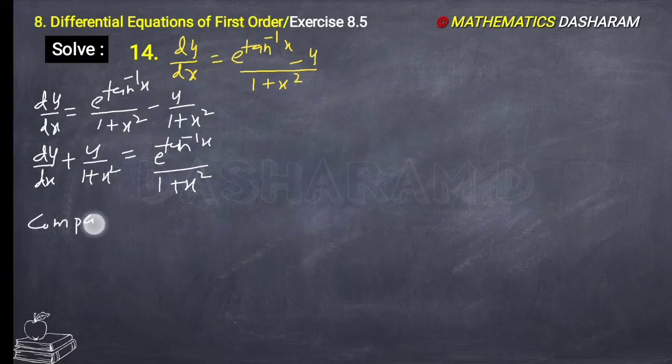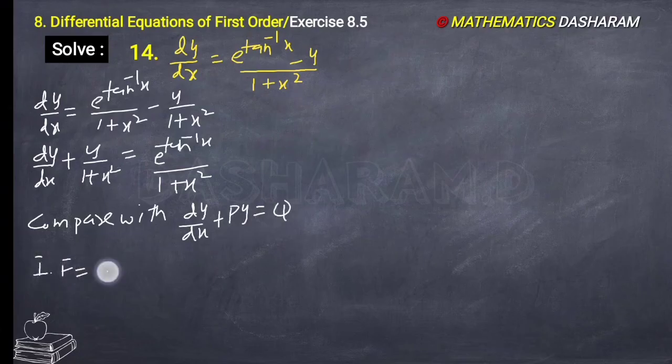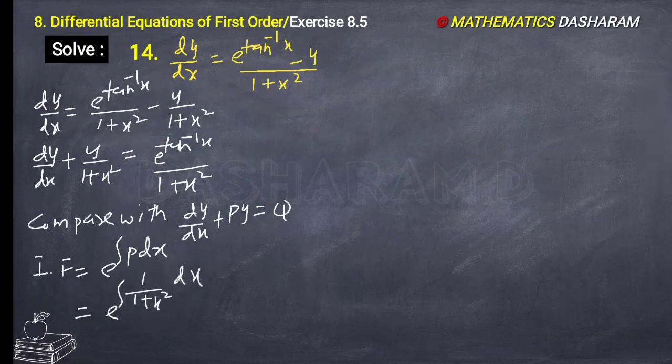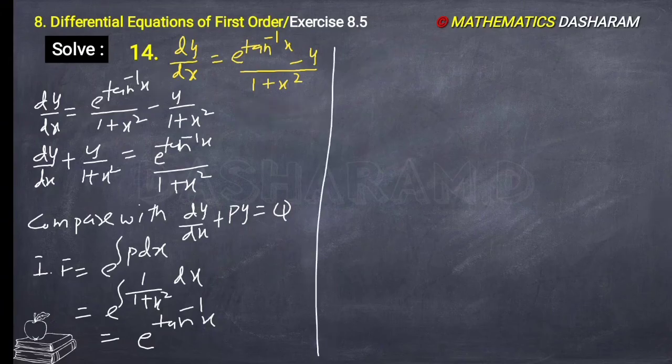So now compare with dy by dx plus p into y equals q and find out the integrating factor, e to the power of integration p dx. So e to the power of integration 1 by 1 plus x square dx. So e to the power of tan inverse x is the integrating factor.